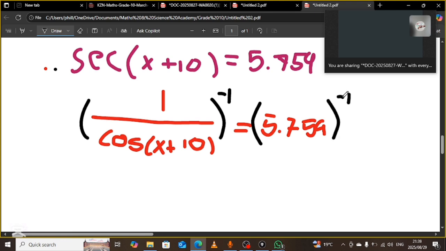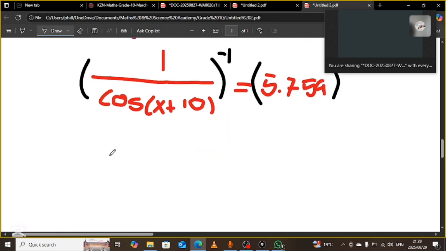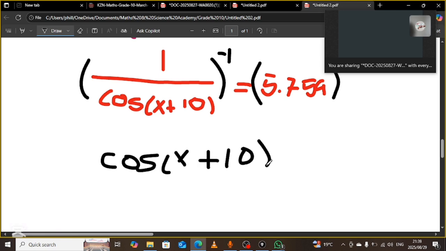What actually happens here? What does this actually mean? Our denominator will be our numerator, and our numerator will be our denominator, and also on the right hand side. So this means that cos of (x plus 10) equals the reciprocal. Punch it on your calculator and tell me what that is. Yes. We're going to remove this cos.